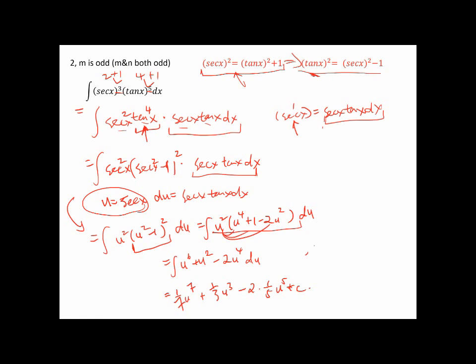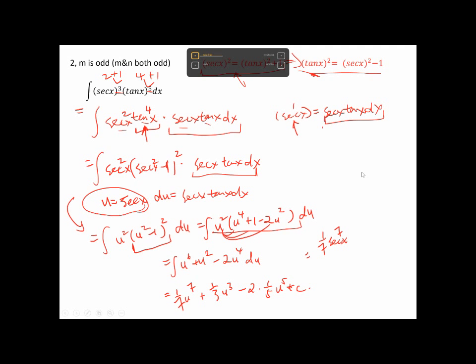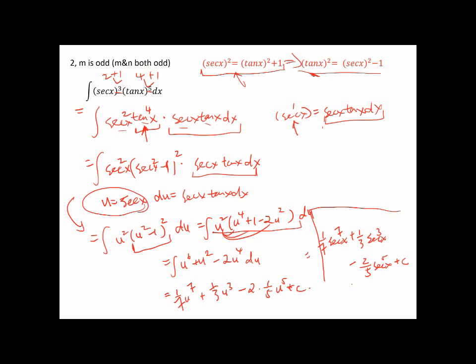So my final answer is 1/7 secant x to the 7th plus 1/3 secant x cubed minus 2/5 secant x to the 5th plus c. This is my final answer.